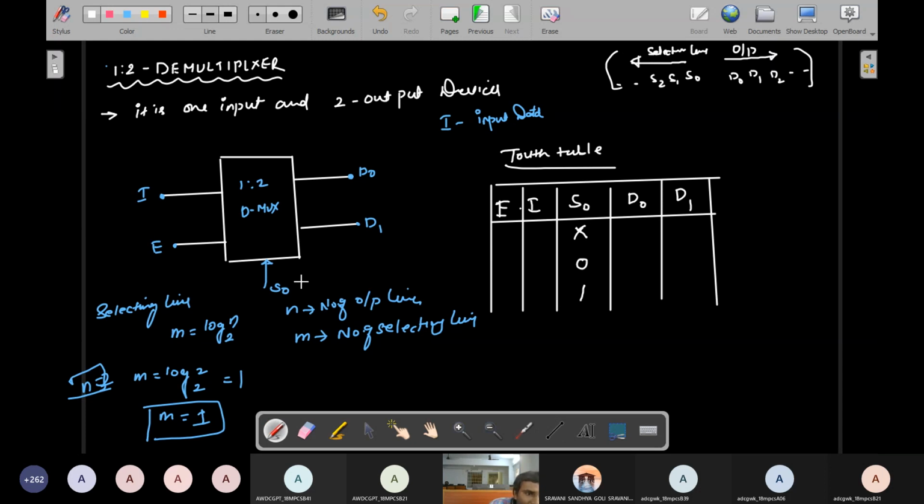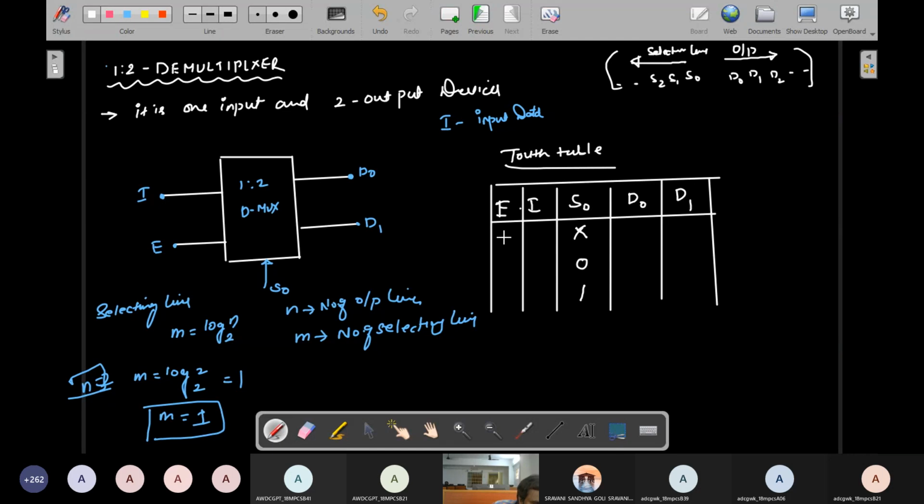Whatever binary digit you give to the selecting input, the input is always given in the high condition.